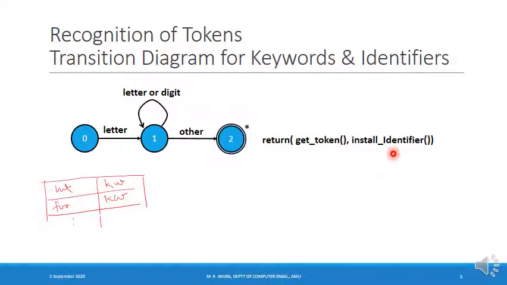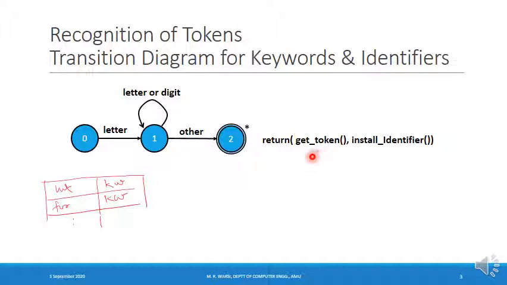Then install identifier function will return the location at which that identifier is found. Third possibility is lexeme is not found into the symbol table. In that case install identifier function will install that lexeme into the symbol table, will add that lexeme into the symbol table and will return the location at which the information was entered into the symbol table. So this is the purpose of install identifier function.